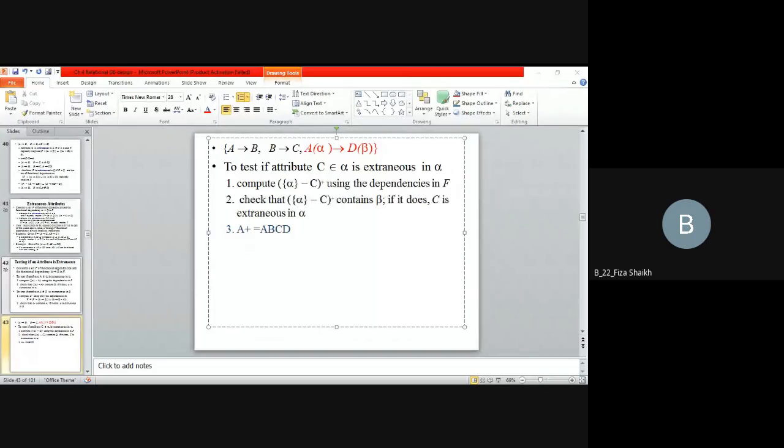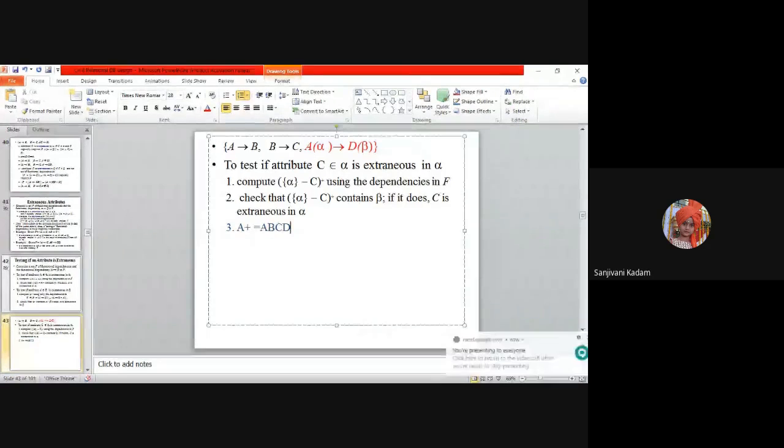But ma'am, you haven't written the fourth step like you have written in the previous example. Actually, this is the first step, that is the calculation of the A plus closure. And the fourth step is that whatever closure is available, we want to check within that. Right now what is my alpha?